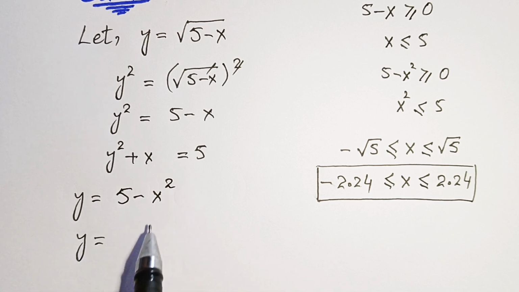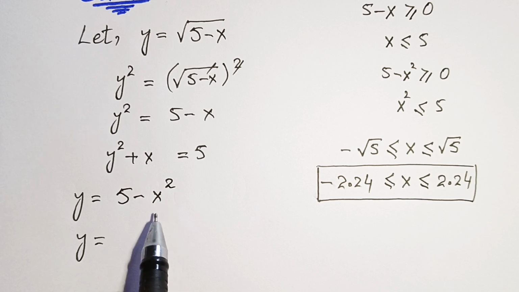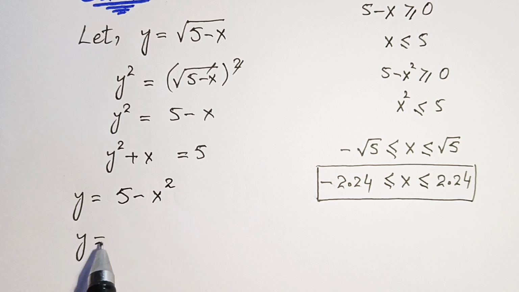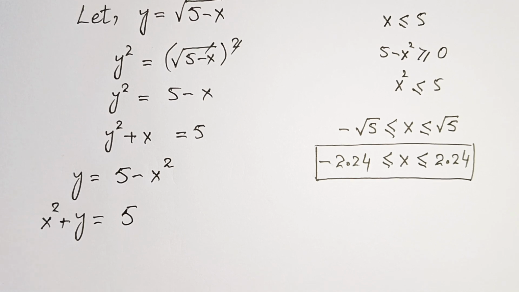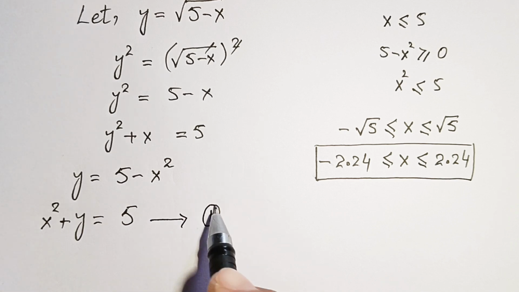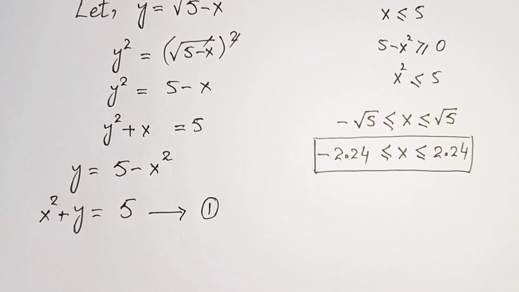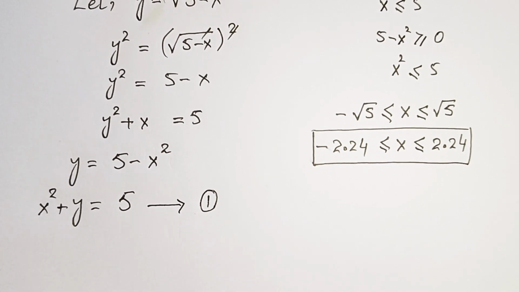If we shift this minus x squared, then we get plus x squared. So here we have x squared plus y is equal to 5. Let's say it is our equation number 1, x squared plus y is equal to 5.